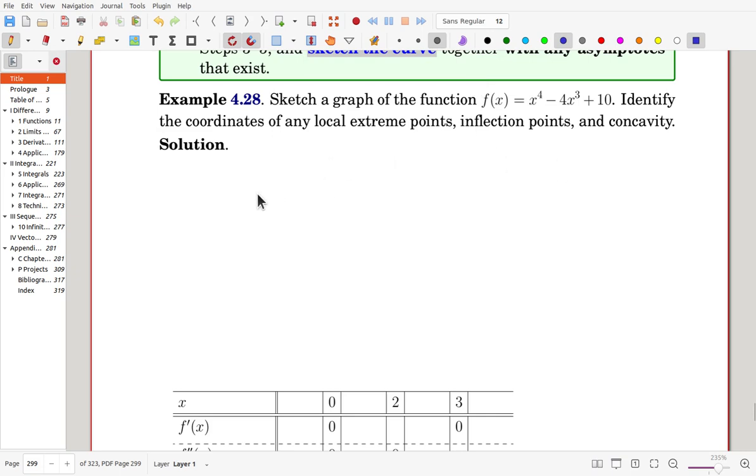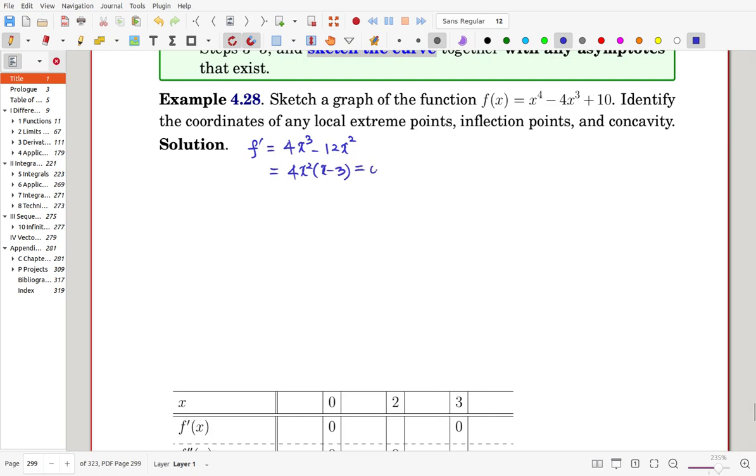For the function f, let's begin by finding the critical points first. Here f prime is 4x cubed minus 12x squared, which is the same as 4x squared times x minus 3.